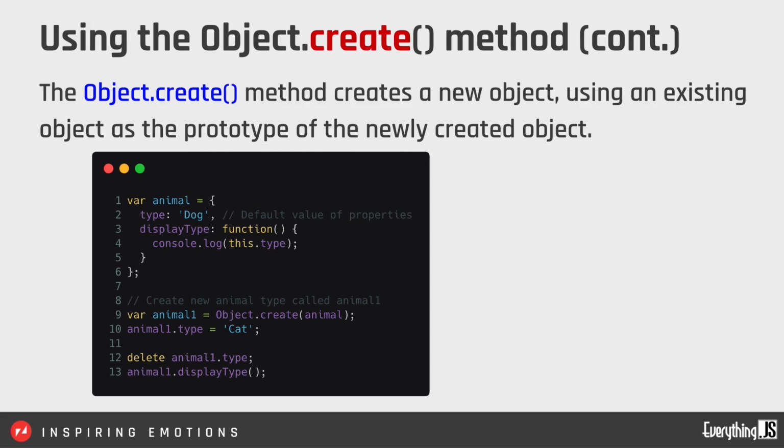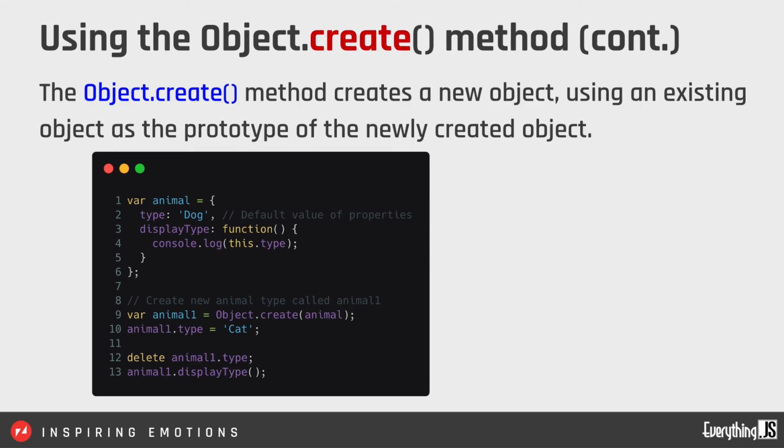Yes, the explanation says the Object.create method creates a new object using an existing object as the prototype of the newly created object. So I have modified the previous example. Here you can see in line number 10, I have added a new property.